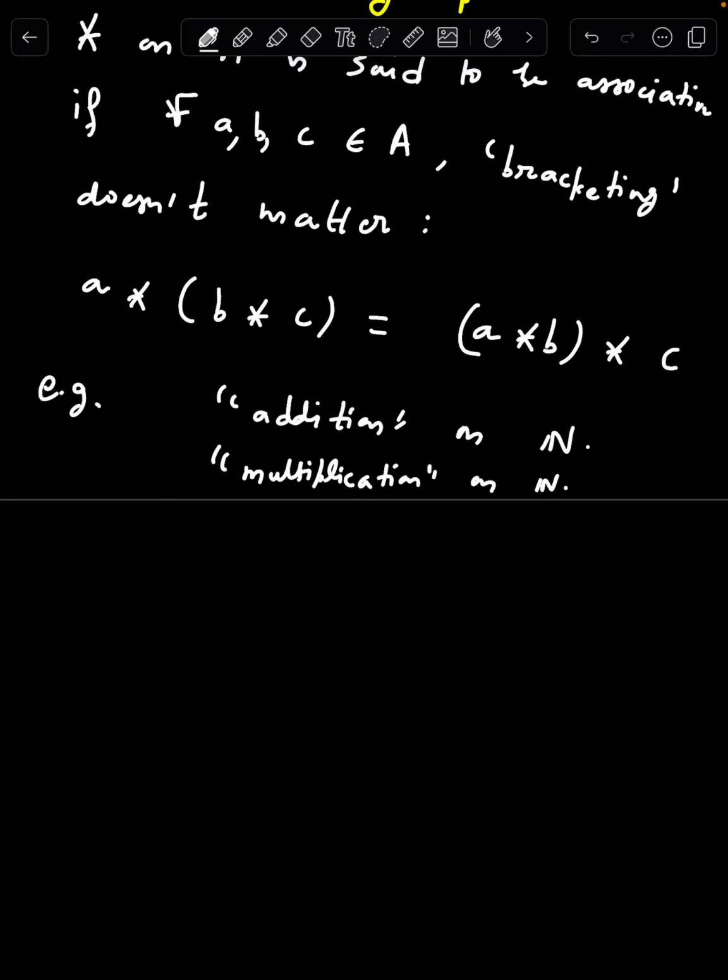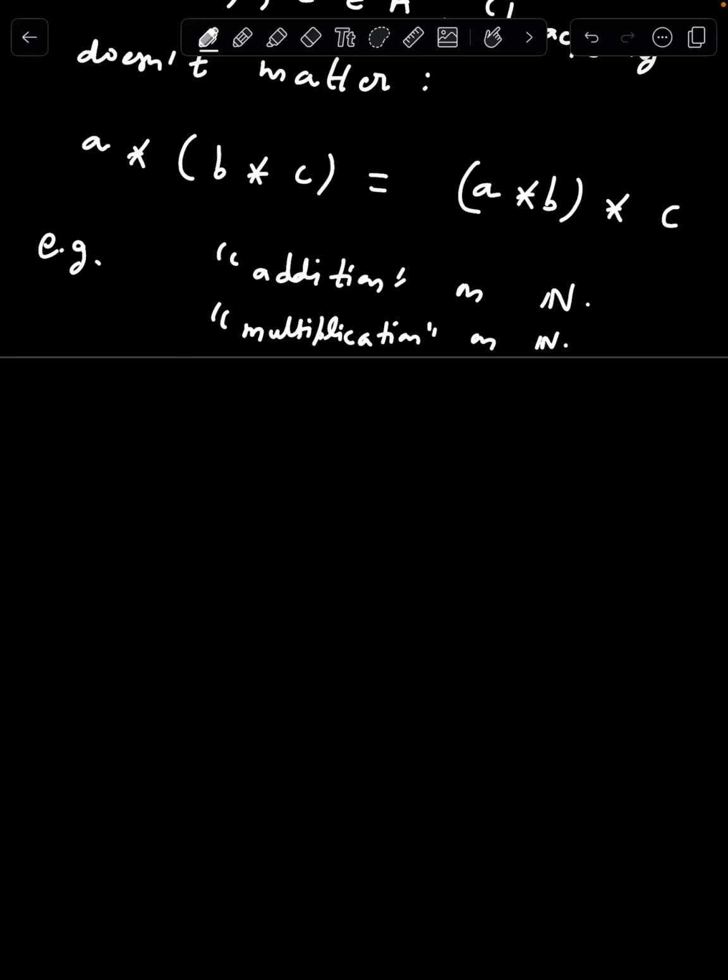Now, how many binary operations are possible on a set? So let's take a note of this result. This is our result number 3.